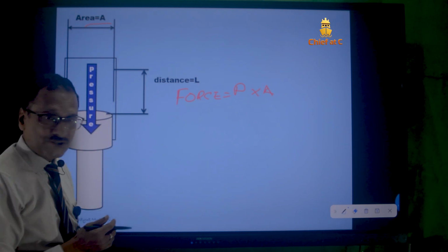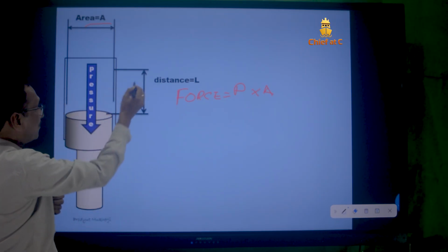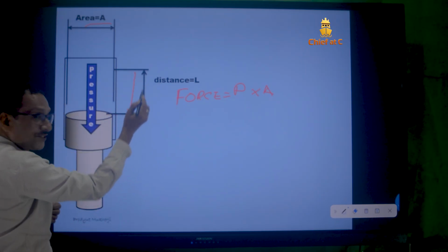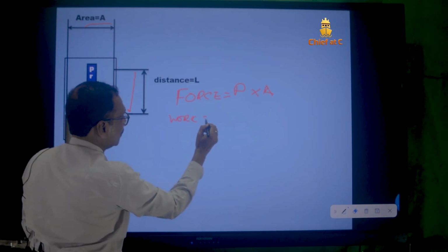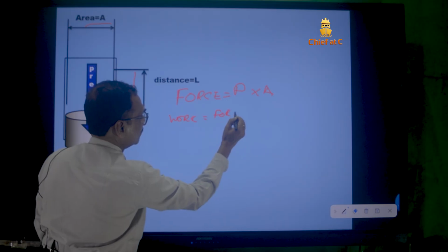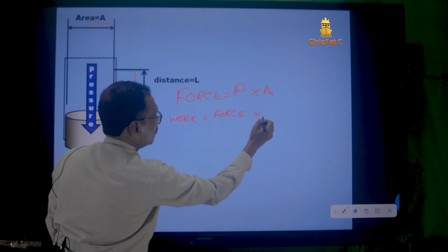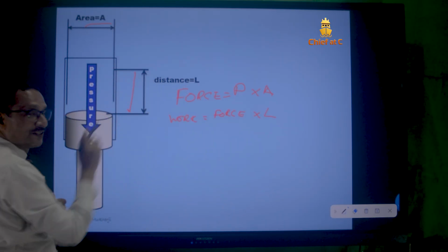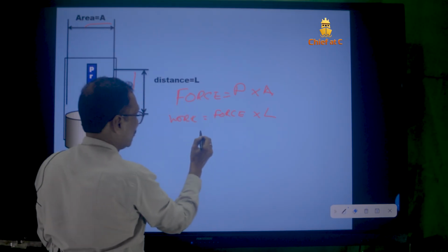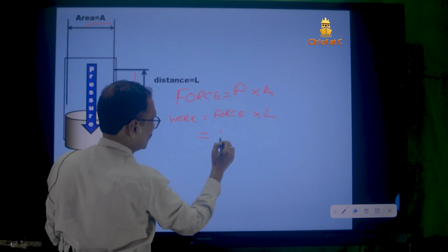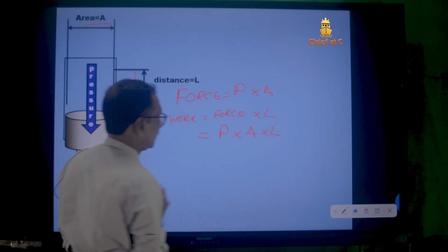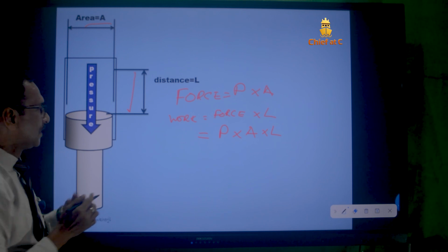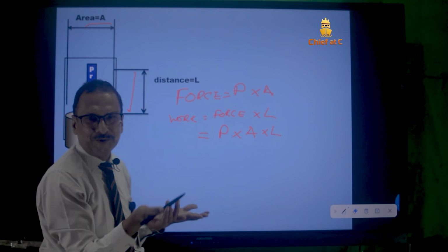So this is the force. This force is pushing the piston down by this distance. So work done will be force into the distance moved, that is L, which we can say is pressure into area into the distance moved, and power is work done per unit time.